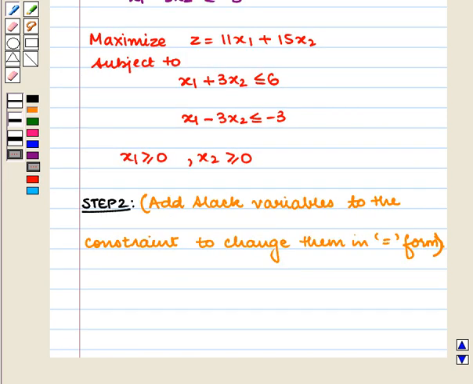As we solve a general maximization problem, the next step would be to add slack variables to the constraints to change them into equal to form.